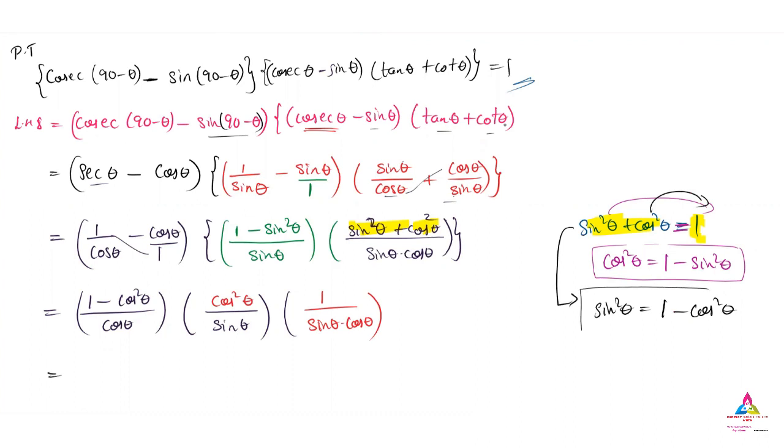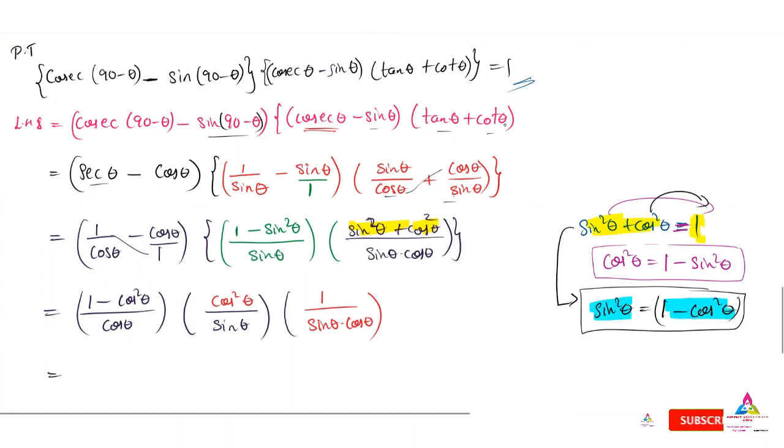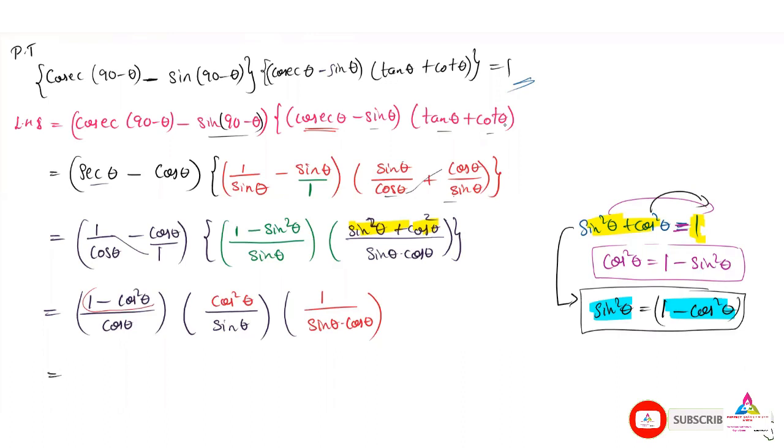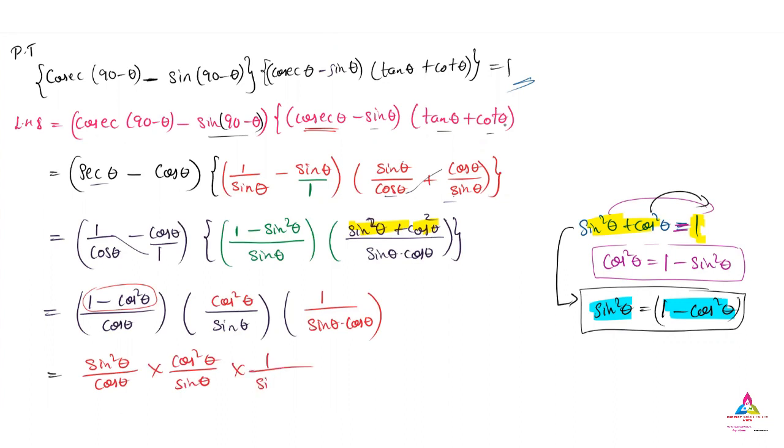So 1 minus cos square theta is nothing but sine square theta, which we substitute in this position: sine square theta divided by cos theta into cos square theta, divided by sine theta into cos theta, with 1 in the numerator.